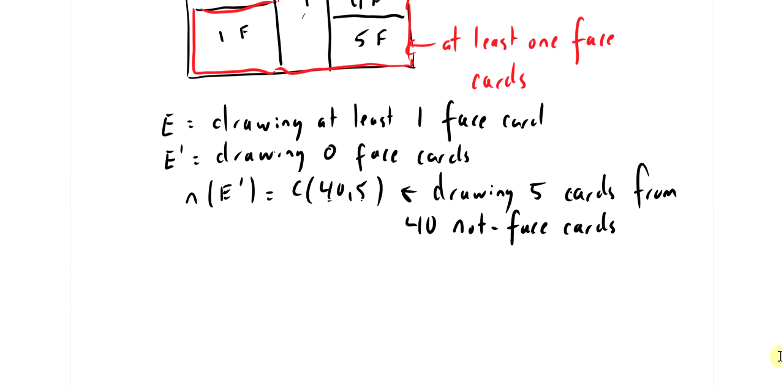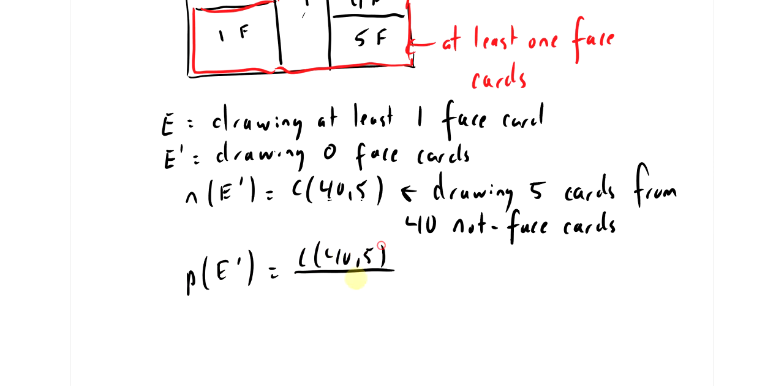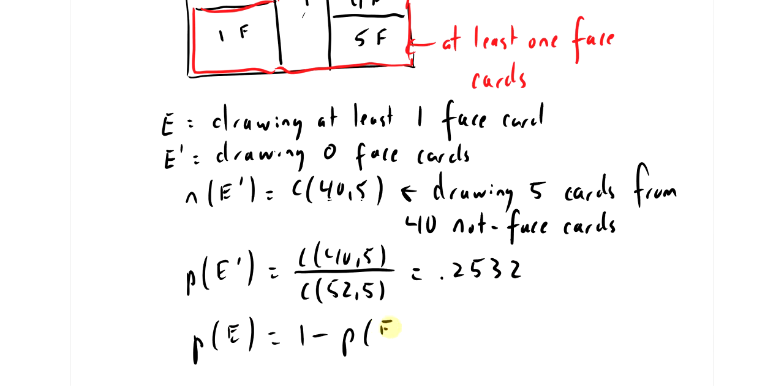So the probability of drawing no face cards is C 40, 5 over C 52, 5. And what is that? 0.2532. Great. So what's the probability of drawing at least 1 face card? Well, that's 1 minus the probability of drawing no face cards.